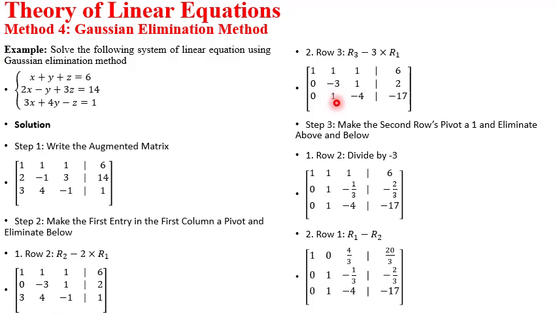We are left with transforming this element to 0, this element to 0, this and this also to 0. So the next step now is to make the second row the pivot, and we want to eliminate the 1 here.